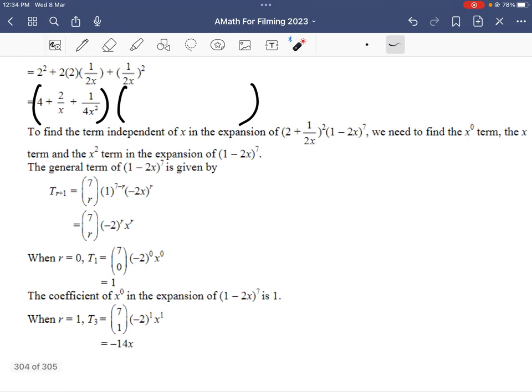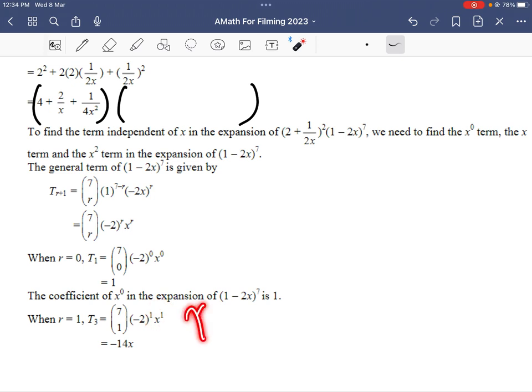So if you very quickly do all of that, you find the general term for this binomial. What you get is, when you want x to the power of 0, your t1 is equal to 1. When your r is equal to 1, why r equals 1?